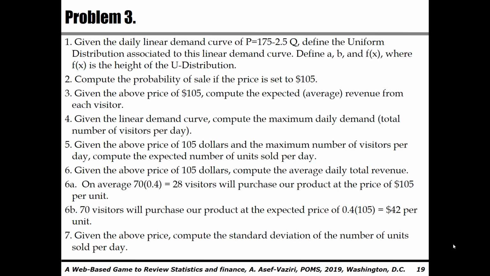Now I have the normal random variable, I have its average and standard deviation. Then I can compute how much do I need in order to make sure that with a certain probability I can satisfy the demand. I will go through all these steps one by one.